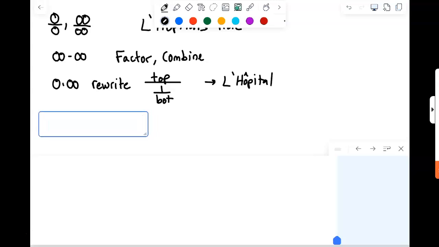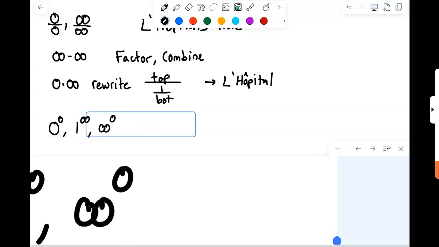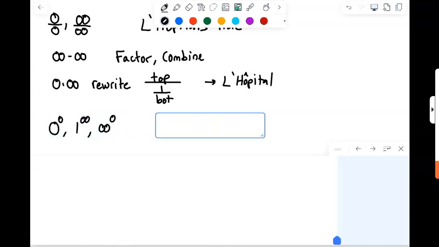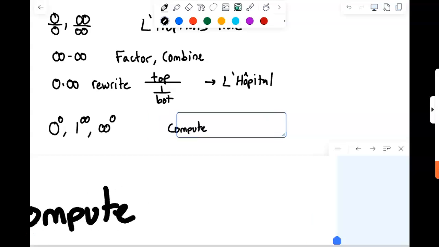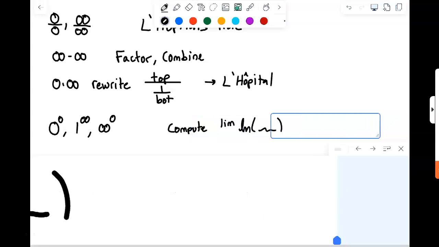And then remember the other three: 0 to the 0, 1 to the infinity, infinity to the 0. If we're dealing with any of those, what we do is compute the limit of the ln of that stuff and find out what that is.